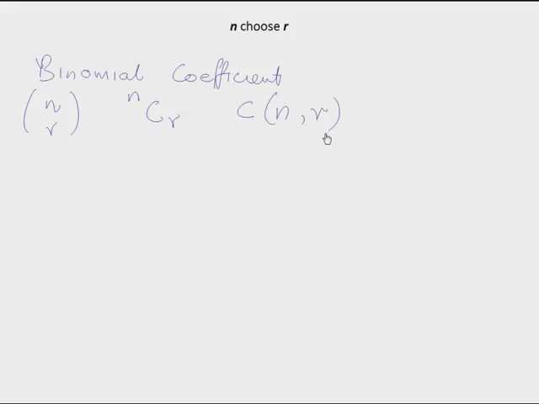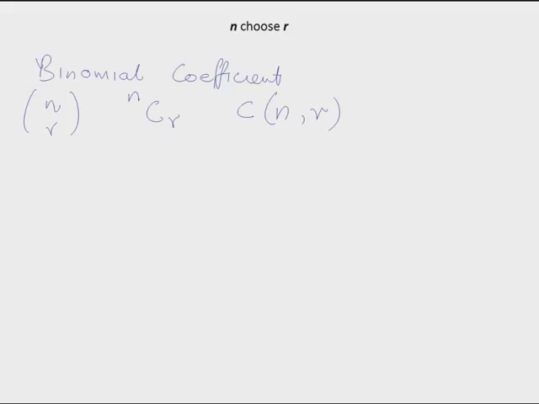Okay, let's set up some notation. N choose R. This is the binomial coefficient. It's written as parenthesis N R or NCR, or sometimes C N R. It's read n choose r, the number of ways of choosing r objects from n distinct objects.